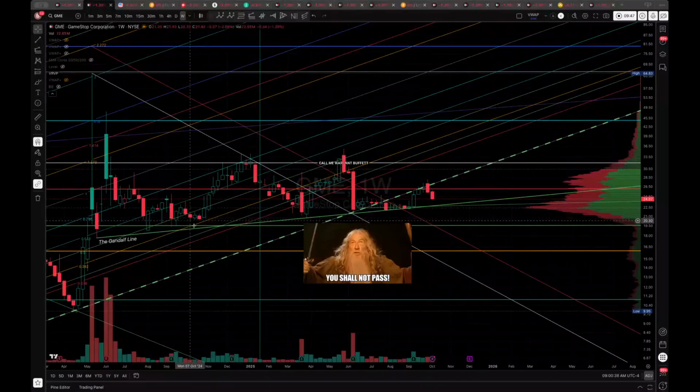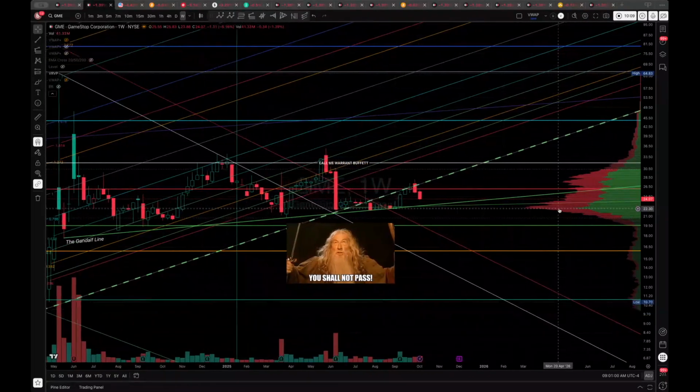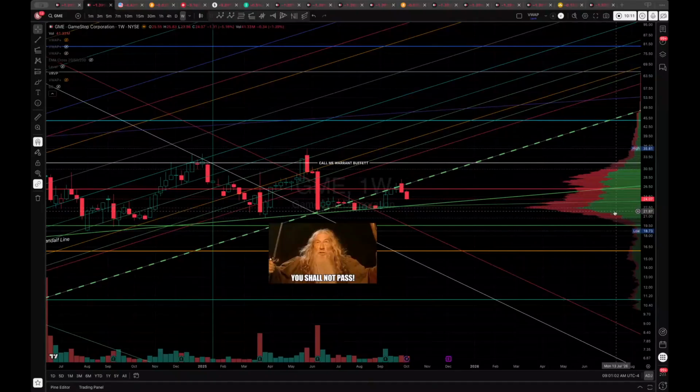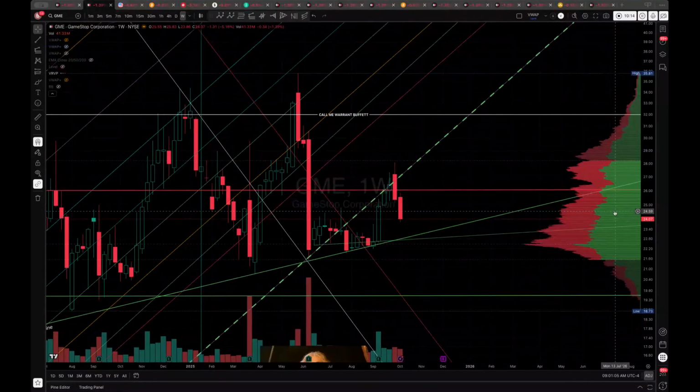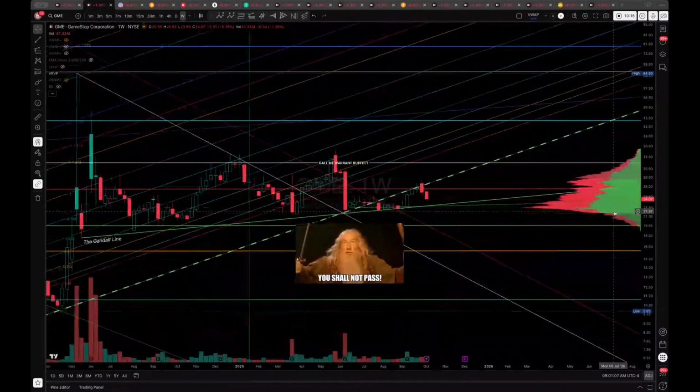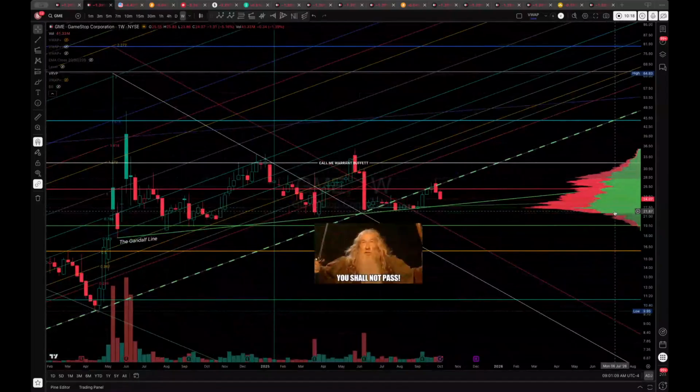And anytime it's come back down to that line, which has been somewhere around the 20-month moving average, it's been met with significant accumulation. You can also see that here on the volume shelf. That is where we have seen the most volume in this period. Even as I scroll to the right, that's where the battle's been.